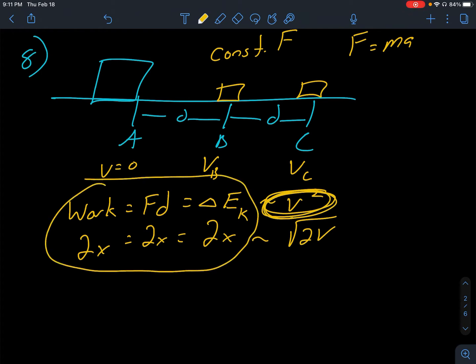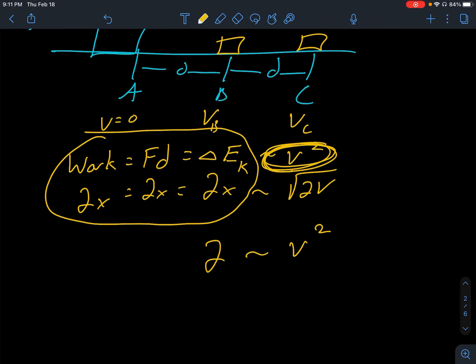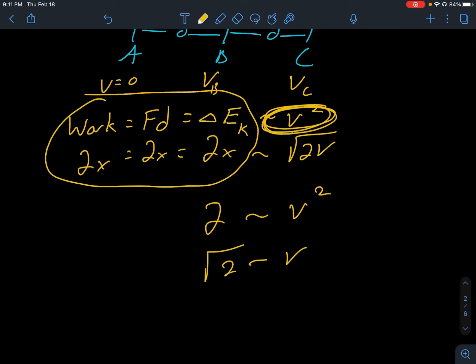So we're thinking we have all these numbers on the left, they're values of 2. So essentially it's going to be a 2 is proportional to v squared. So just v would be the square root of 2.